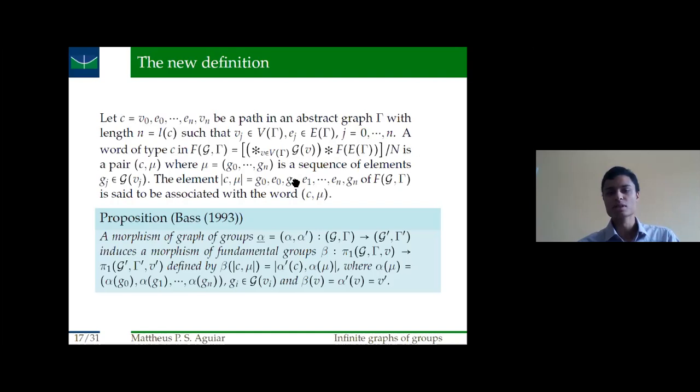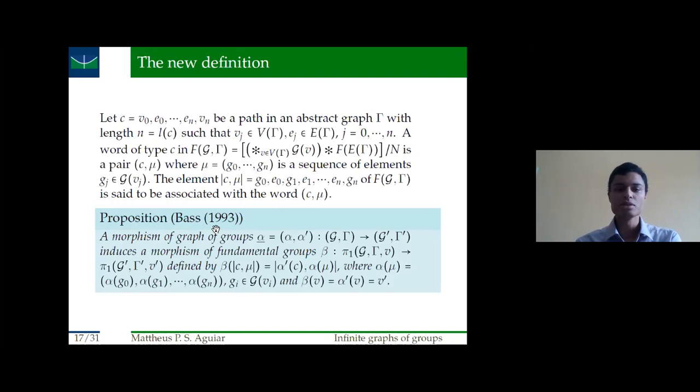So they are loops such that the elements are an element of the vertex group, edge, element of vertex group, and edge, and it follows this way.